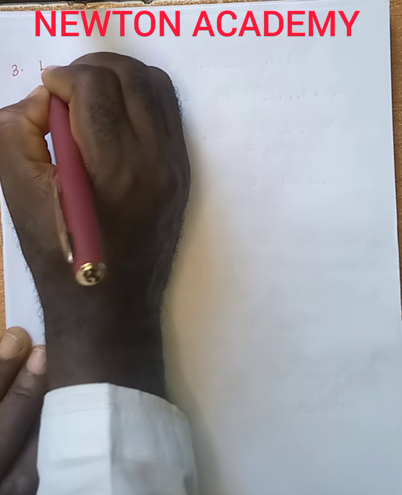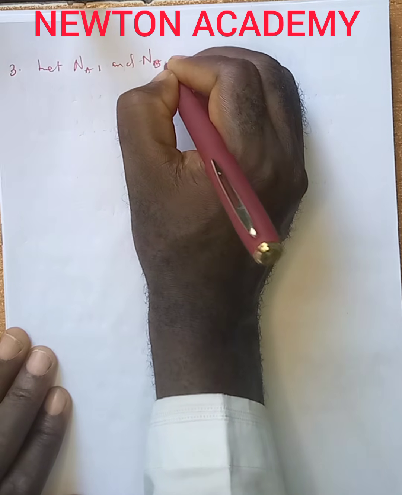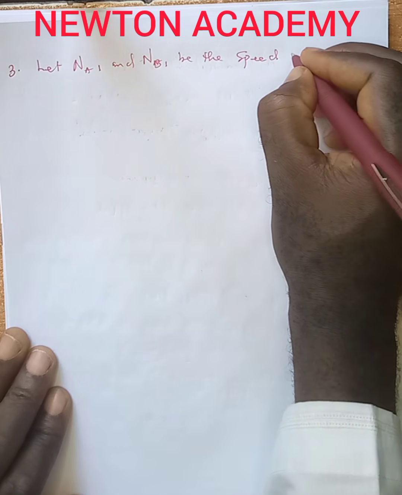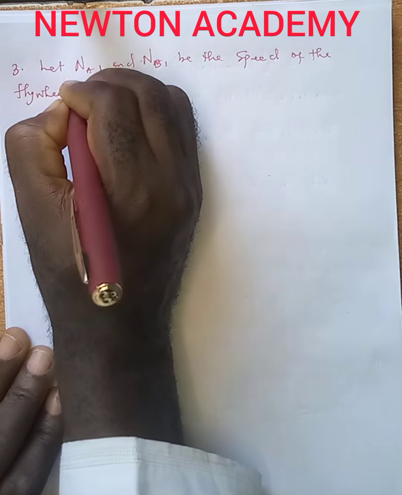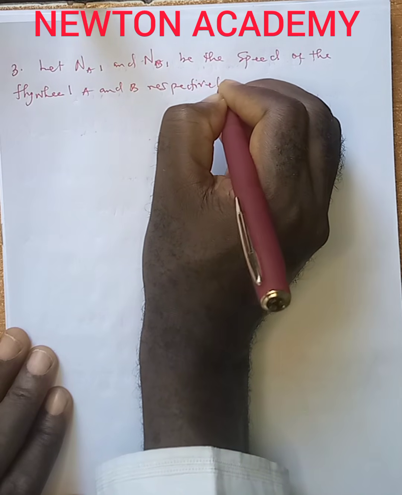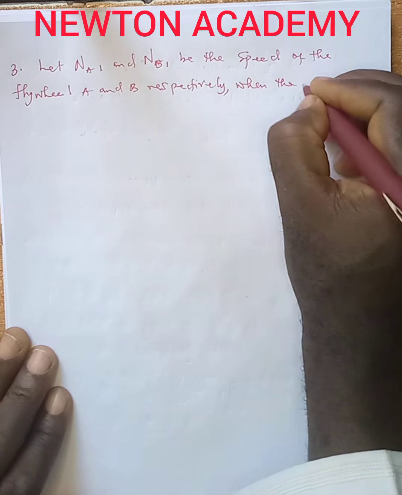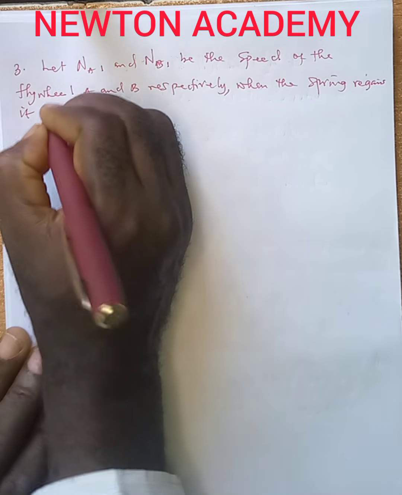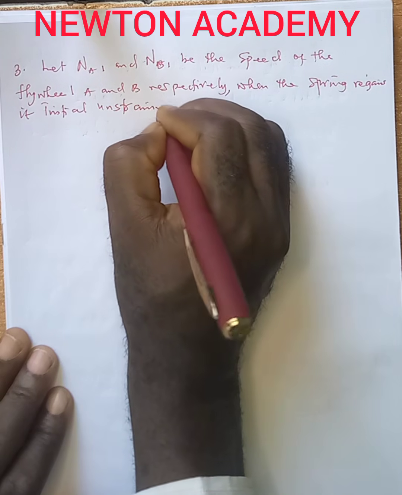So let NA1 and NB1 be the speed of the flywheel A and B respectively, when the spring regains its initial unstrained condition.